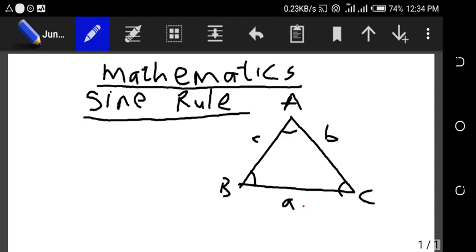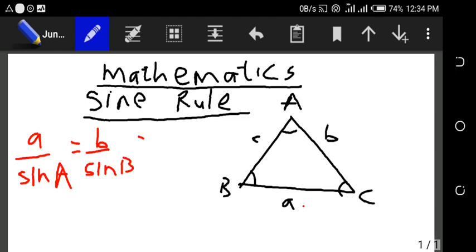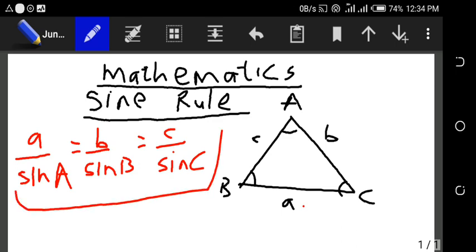Now, having said this, the sine rule states that a, that is the side a, over sine A is equal to b over sine B is equal to c over sine C. This is what we know as the sine rule.